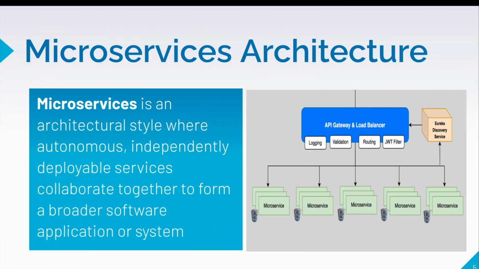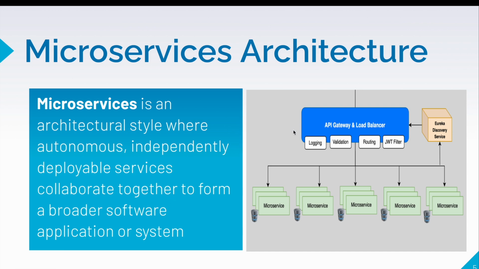Now in this particular slide, I have put the definition of microservices and the architecture next to each other to understand the concept better. So as per the definition, microservices is an architectural style where autonomous, independently deployable services collaborate together.